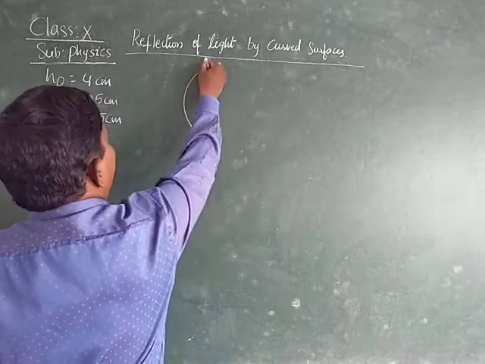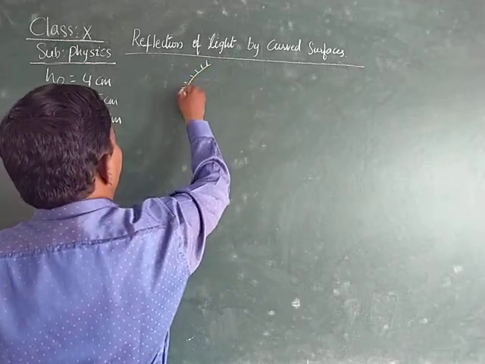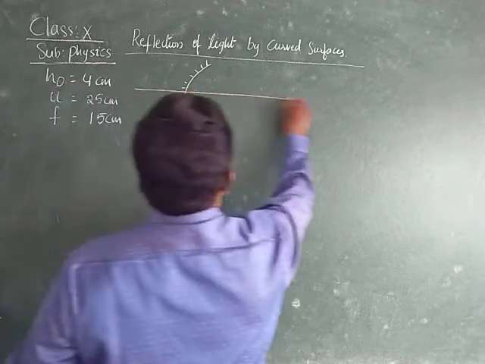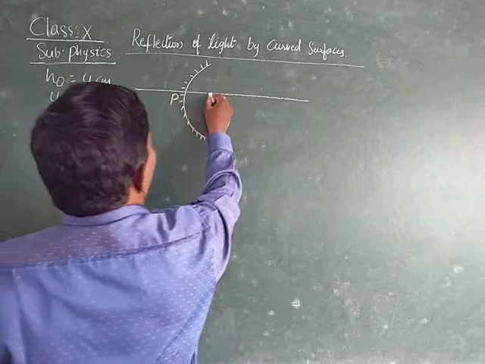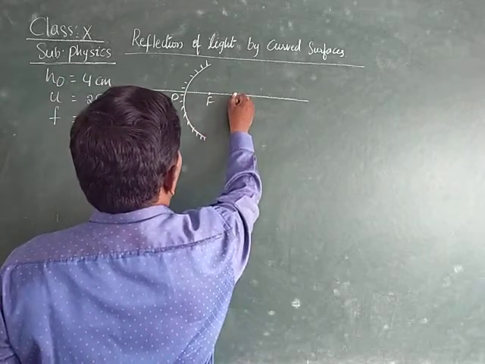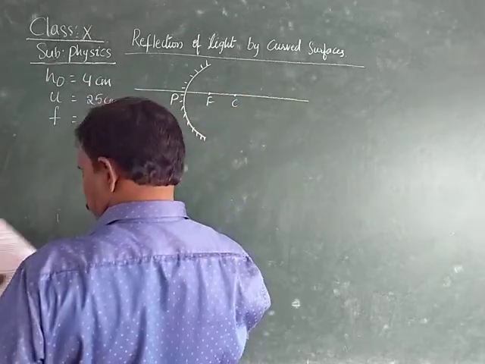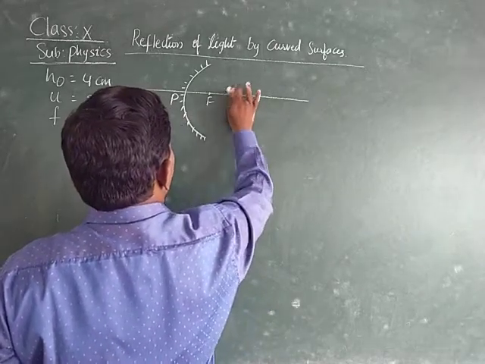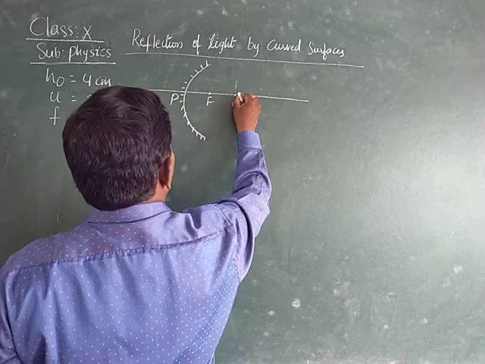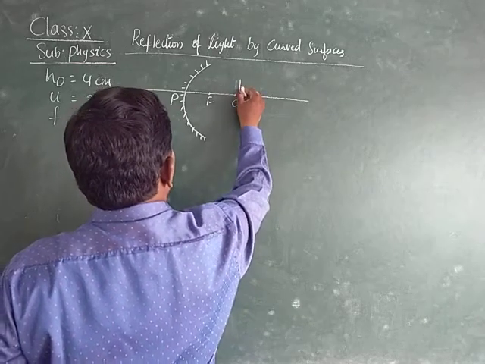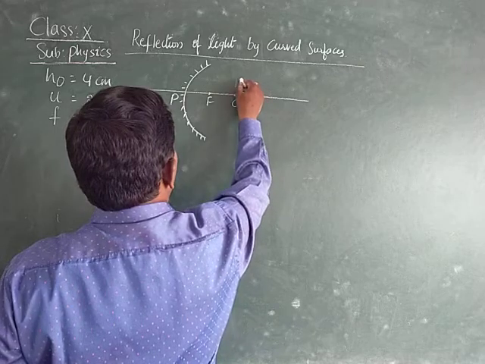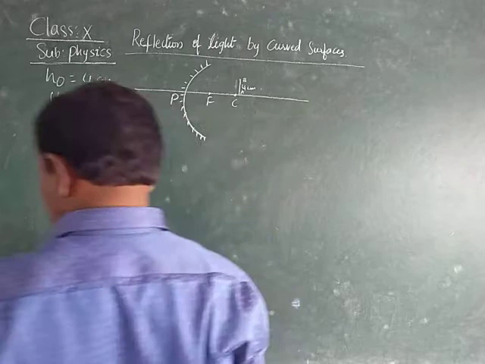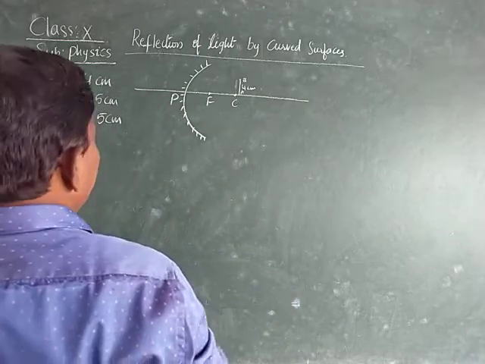There is a concave mirror. Pole, focal point, center of curvature. Here, the object AB, 4 centimeter, is in front of the concave mirror.